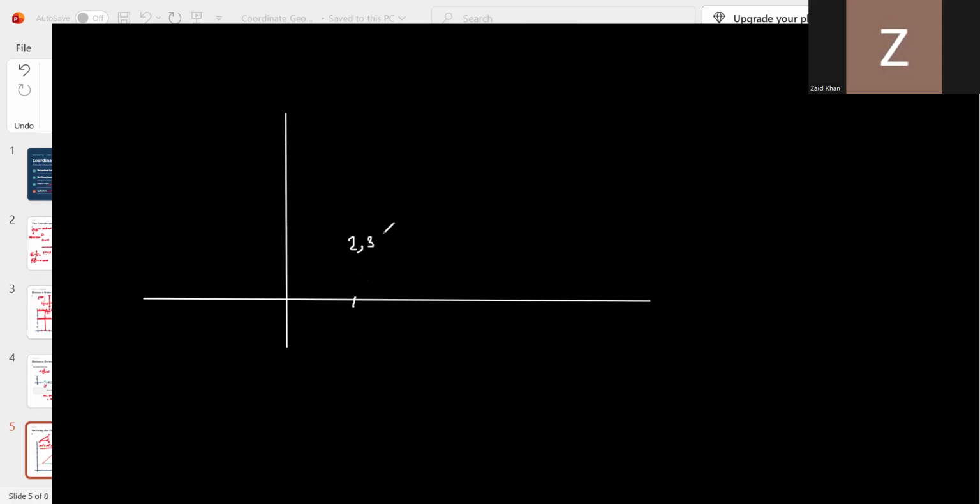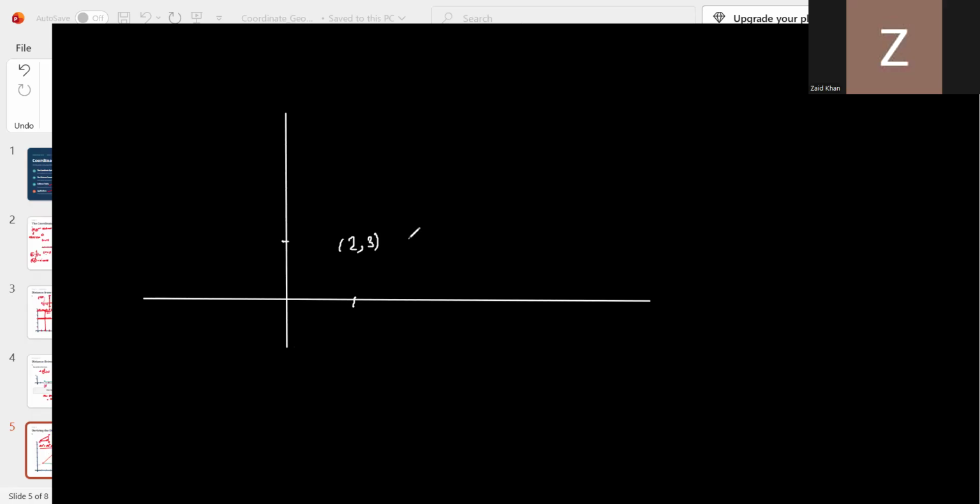So suppose that it's a coordinate system, x and y, and one point is, say, 2 comma 3. So this is 2 and this is 3.